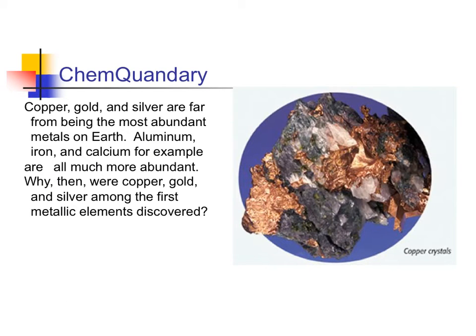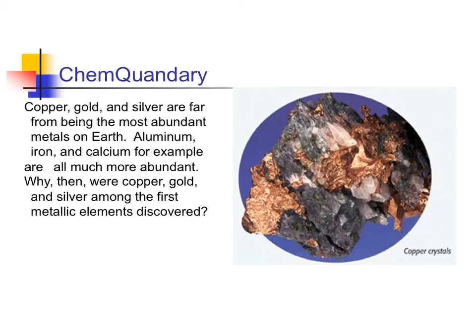Now, this is one of the first chem quandaries that we have. Copper, gold, and silver are far from being the most abundant metals on Earth. Aluminum, iron, and calcium are much more abundant. So we need to question, envision, and think about why this is.